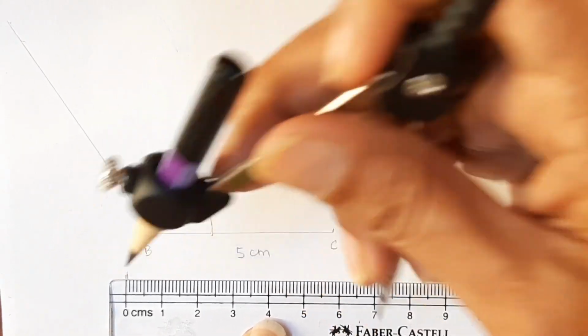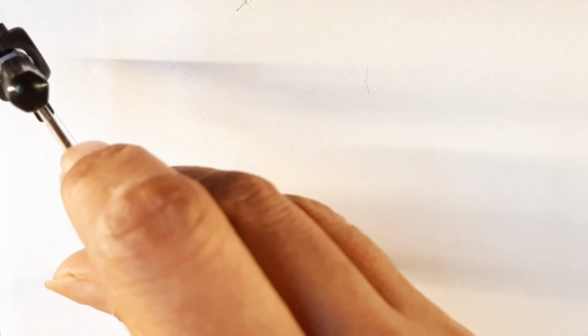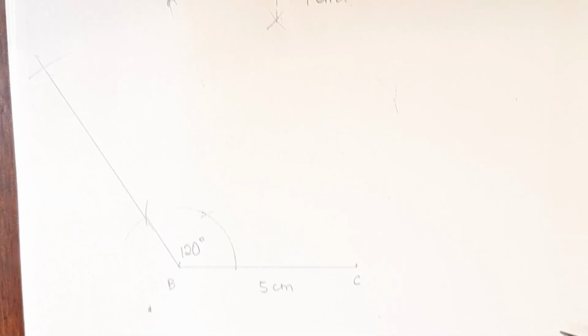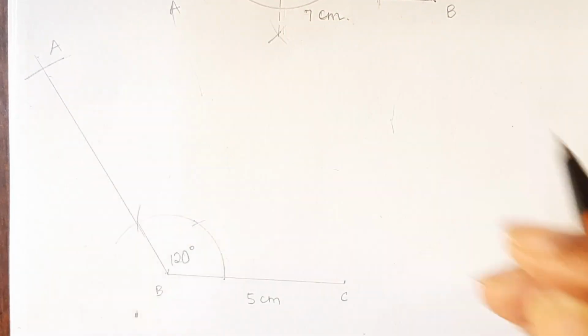Yeah, 6.5. So from B we will take like so. Can you see that arc over here? Let me just make it a little darker. Okay, that is our point A.